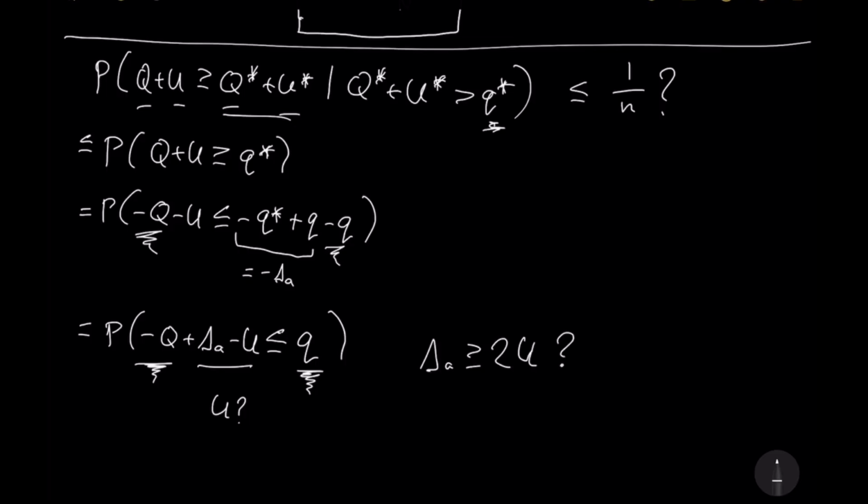If we could do that, then we could bound the probability on the left hand side with something that has this nice, clean, simple form, where we just have this random variable minus q, add some bound u, and compare that to see whether it's smaller or equal to its expectation. Oh, sorry, there should be a minus q here on the right hand side. So can we do this?